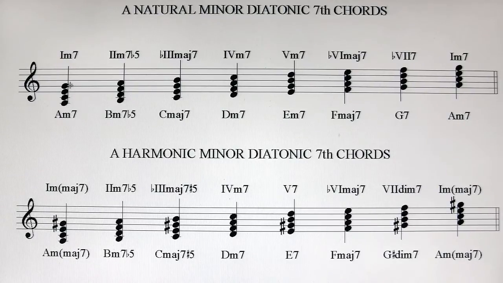Right, now, before we go further with the analysis of and differences between these two scales, I want to tell you how these chords are actually ending up being a minor chord and a minor 7 flat 5 and a major type chord and a minor chord and so on.